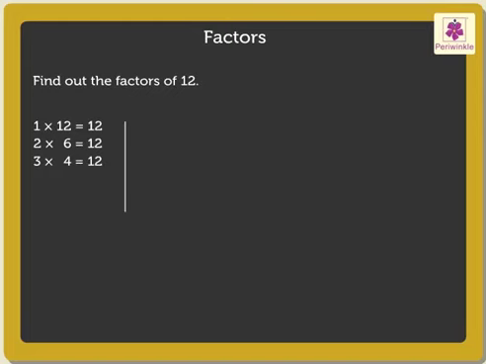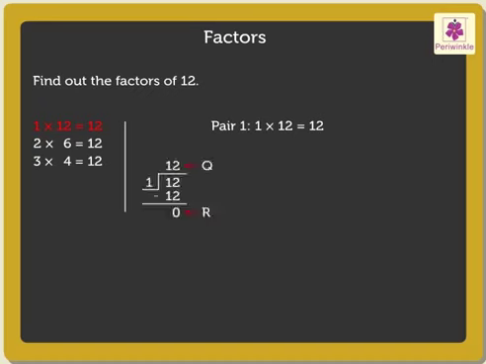Now, let us take each pair of numbers separately and understand what it means. Let us take the first pair. 1 into 12 is equal to 12. Here, when we divide 12 by 1, we get the quotient as 12.